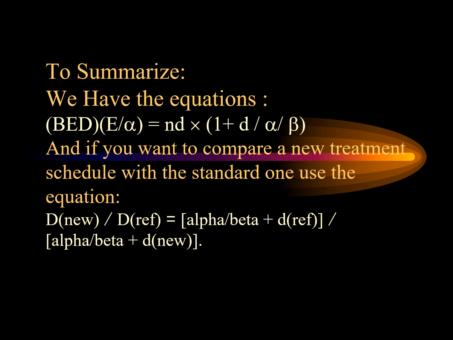And they tell you, "You prescribed 50 gray in 25 fractions, 2 gray per fraction, for your breast cancer patient. Unfortunately, your patient was treated for 3 fractions with the wrong dose, and they are really scared and don't know what to do." So they came to you asking what they can do now.